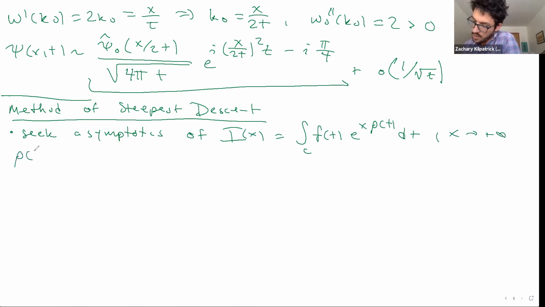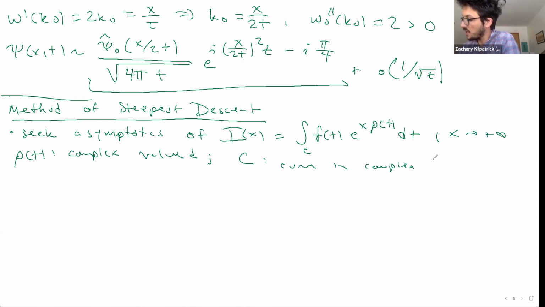Here rho of t could be complex valued, c is going to be some curve in the complex plane, and f of t could also be complex valued.